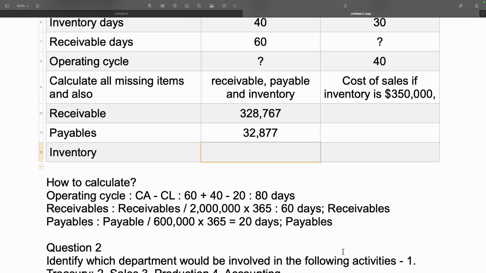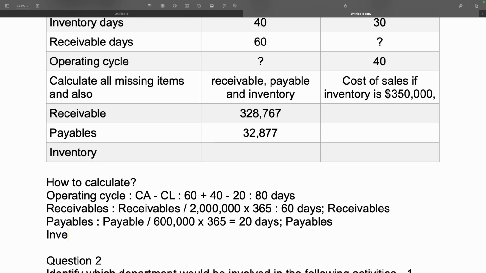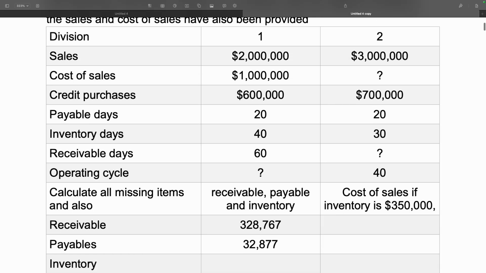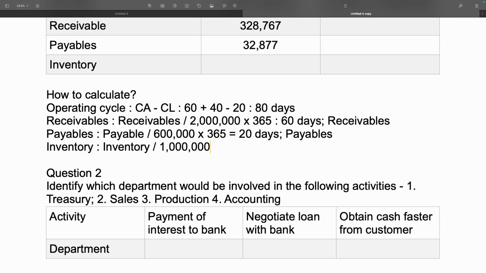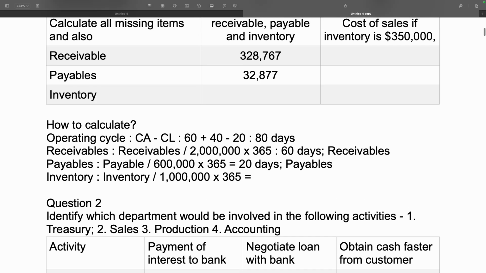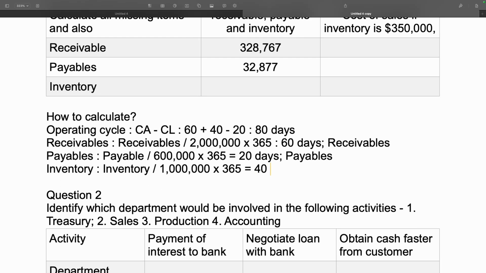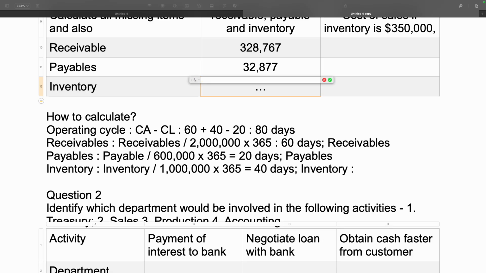That should be a payable: 40 over 365 times 1 million. So those are the answers you should have got for this part.